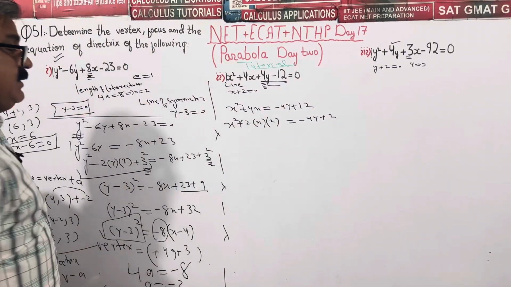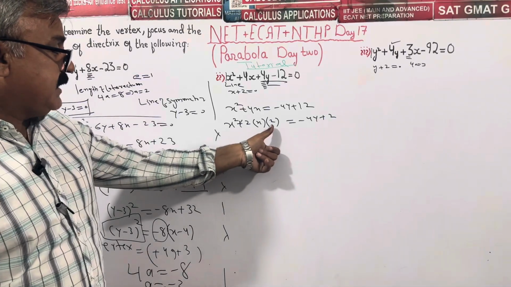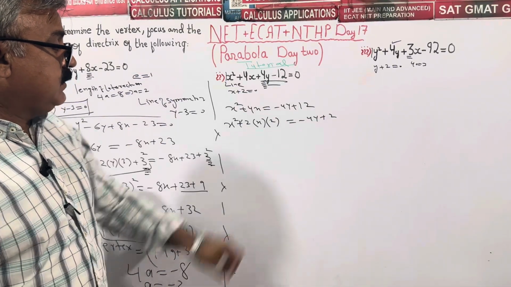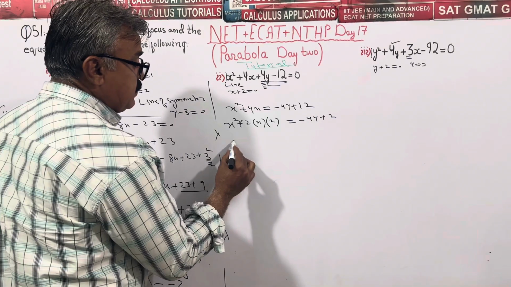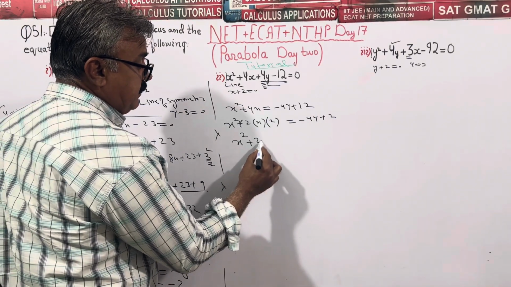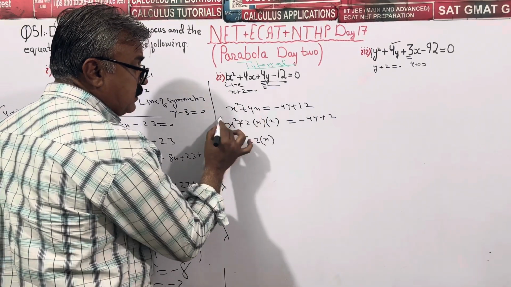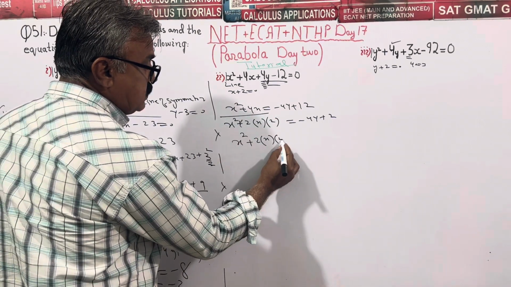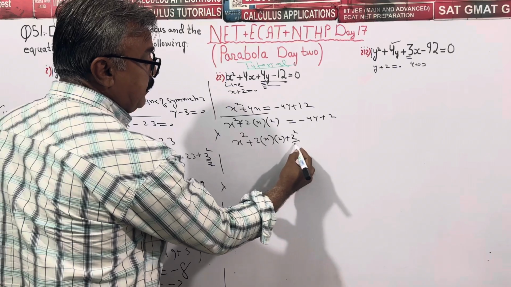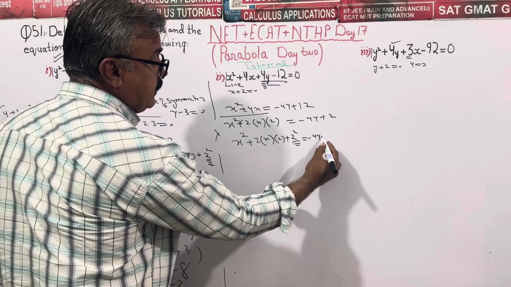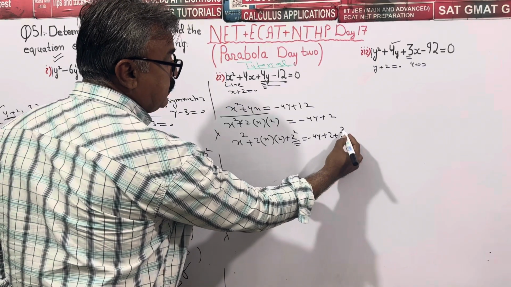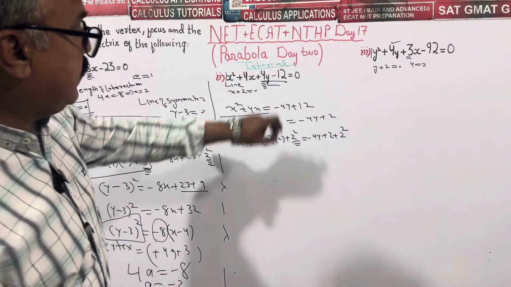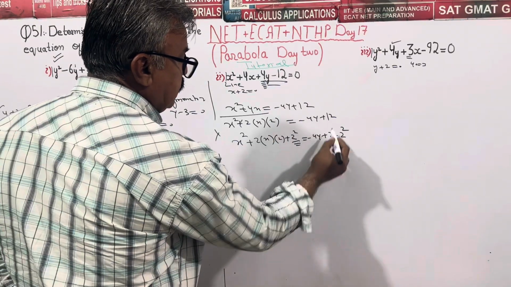From this I can guess the second term is 2, so there must be 2 square. By adding 2 square on both sides, keeping in mind that I have to make this a perfect square, minus 4y, 2 plus 2 square, there is 12.